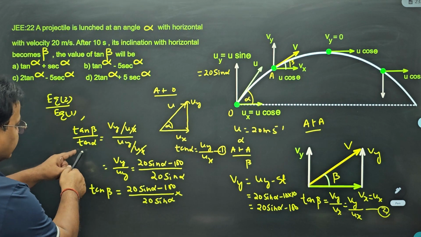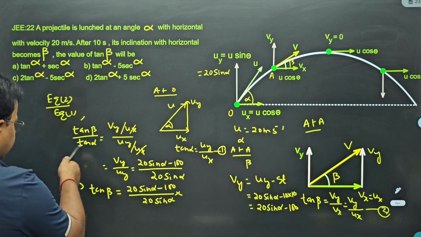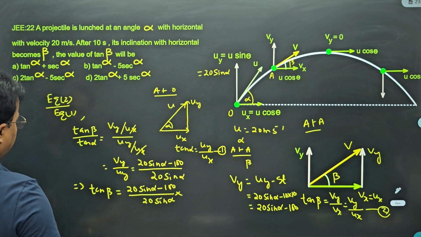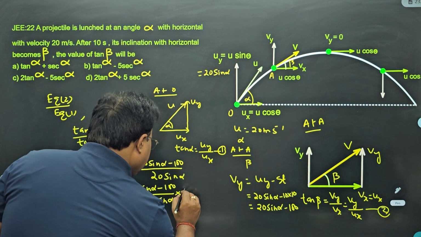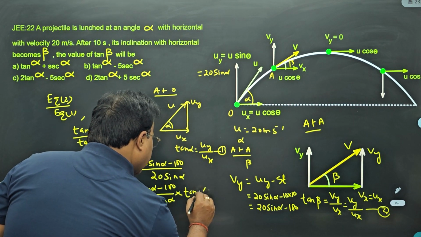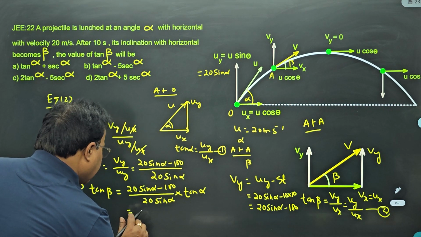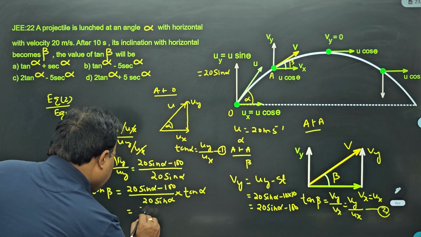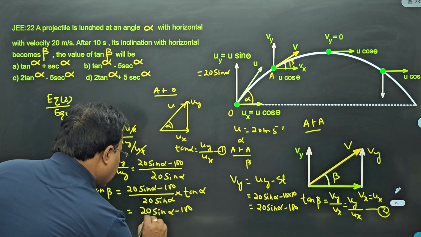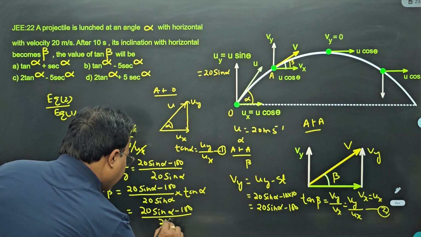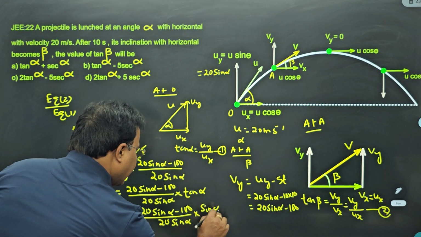You see, this tan alpha will be multiplied on the right hand side, because tan alpha is in the denominator on the left hand side of the equation. If it goes to the right hand side, tan alpha will be multiplied with this. So if you multiply, you will get 20 sin alpha minus 100 by 20 sin alpha, and tan alpha is sin alpha by cos alpha.